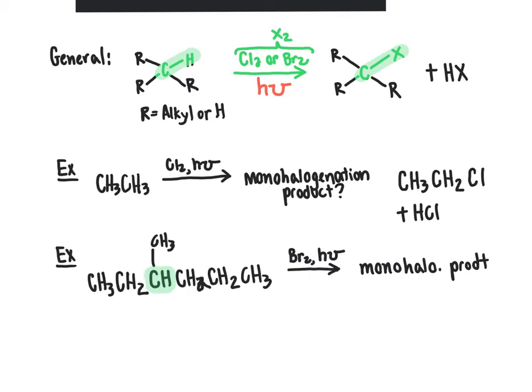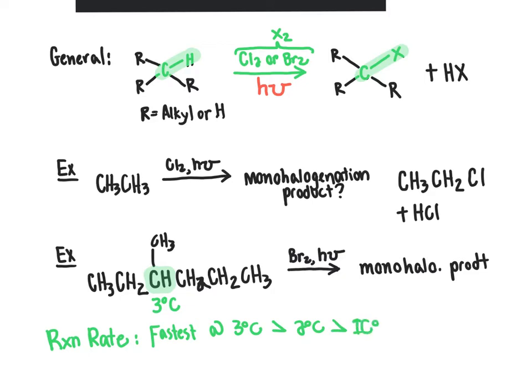So it's going to be this location that we've highlighted in green, that tertiary carbon, that's going to react the fastest. So when we're looking at the reaction rate here, the rate of the reaction is going to be fastest at a tertiary carbon, second fastest at a secondary carbon, and slowest at a primary carbon.